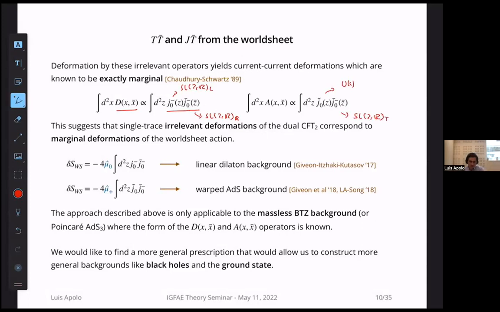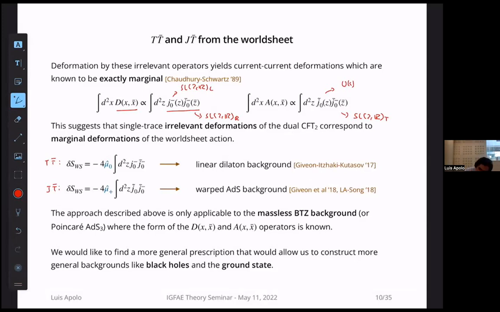Okay, so these current-current deformations were a long time ago found to be exactly marginal. So they're going to give us new consistent backgrounds of string theory. And indeed, if you deform the worldsheet action by the single-trace TT-bar version of this deformation, you obtain a linear dilaton background in the bulk. And similarly, if you do this for JT-bar, what you obtain is a warped AdS background.